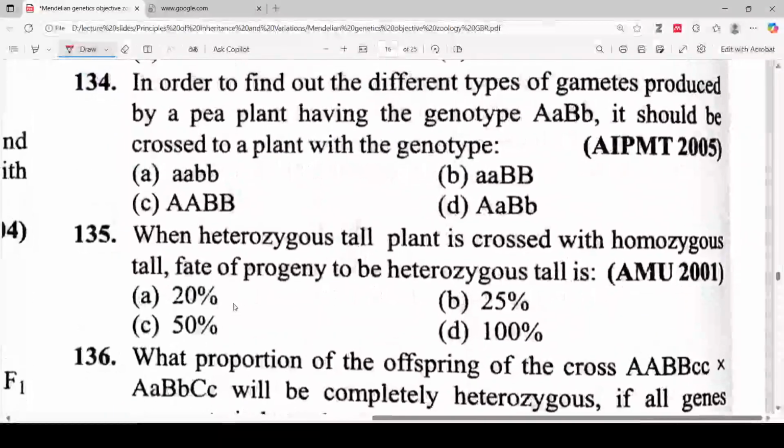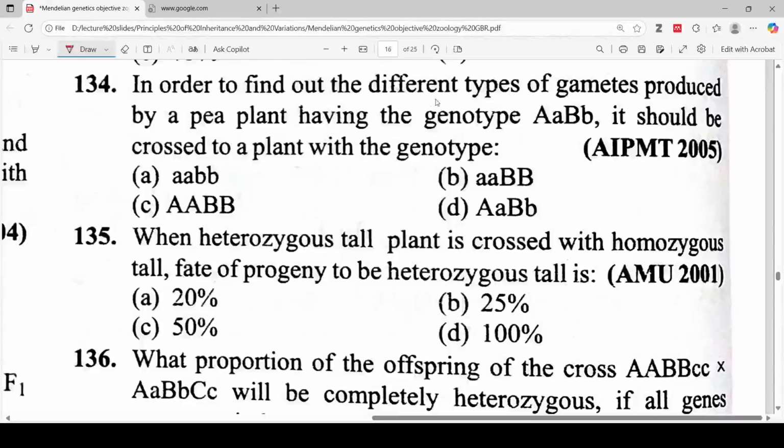Next question, in order to find out the different types of gametes produced by a pea plant having this genotype, it should be crossed to a plant with which genotype?